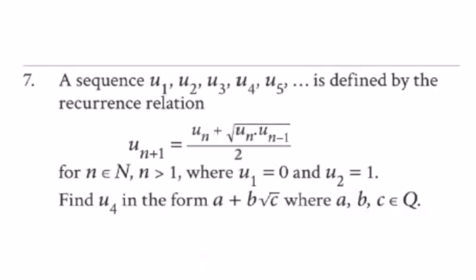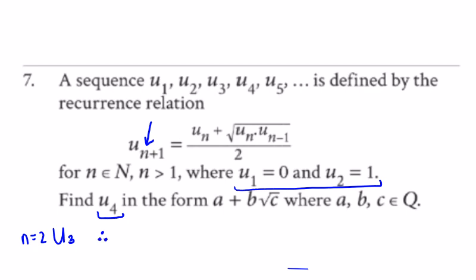Question 7, we have this recurrence relationship. We have u1 given as 0 and u2 is 1. So we want to get u3, so n is going to be equal to 2. And it says find u4, so let's find u3 first. u3 is when n is equal to 2.